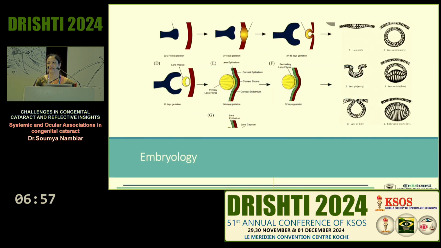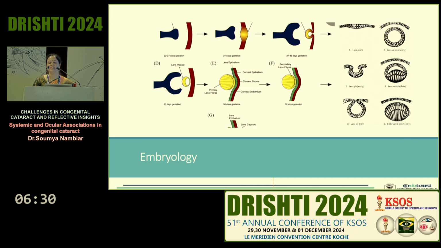Before knowing the cause of congenital cataract, I have just shown the slide to emphasize the importance of embryology in this aspect. We know that the lens starts developing by 27 days after there is a multiplication of the surface ectoderm, which then detaches itself to form the lens vesicle.